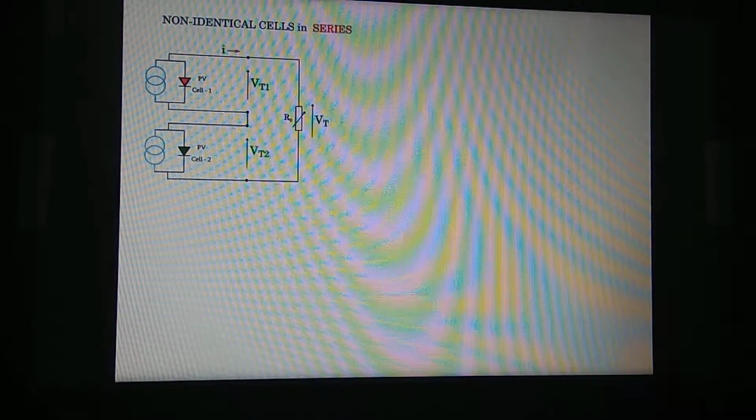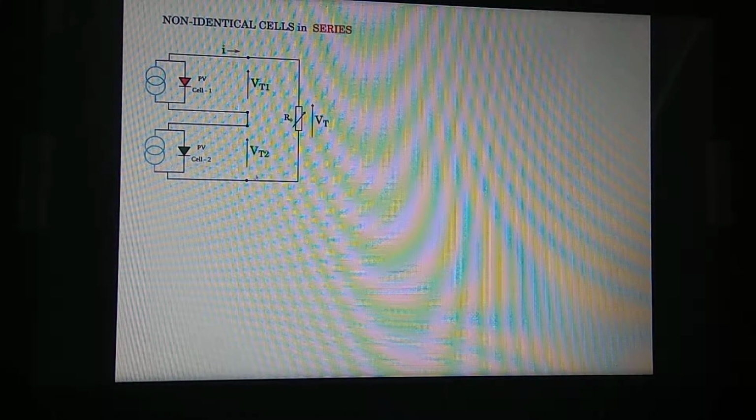Here we see the circuit of two non-identical PV cells that are connected in series like this. And these two points are the output terminals of the combined series connected cells. The load R0 is connected across the output terminals.